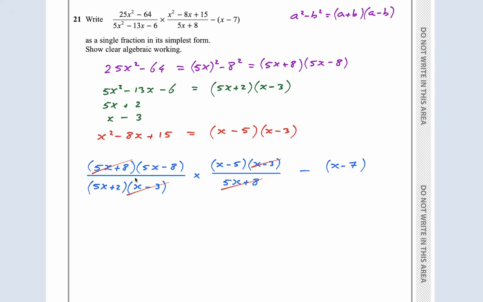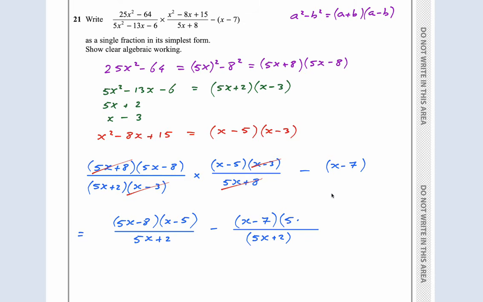Okay, now I'm left with this and this. So I need a common denominator. This is 5x minus 8 times x minus 5 over 5x plus 2. And this is minus x minus 7, but I need it with a common denominator. The common denominator will have to be 5x plus 2, and if I multiply the bottom by 5x plus 2, I have to multiply the top by 5x plus 2.